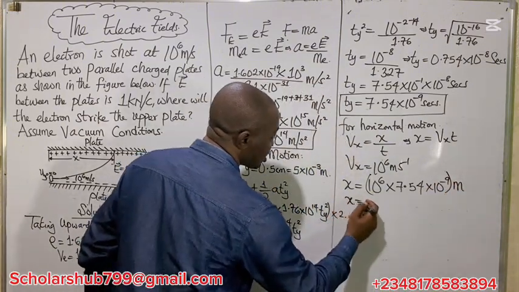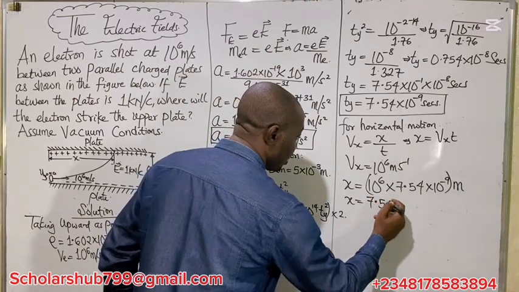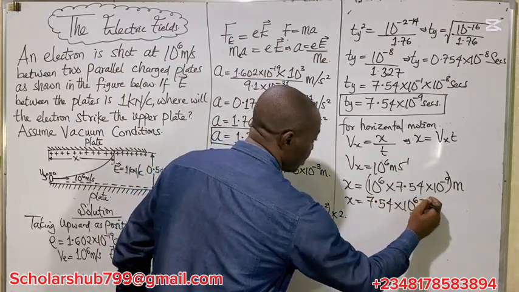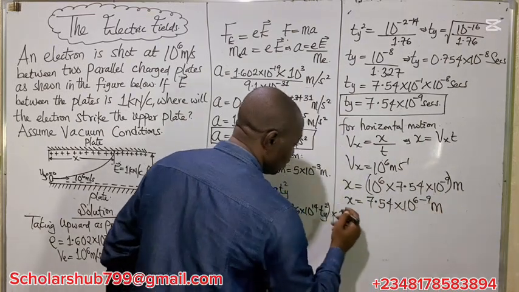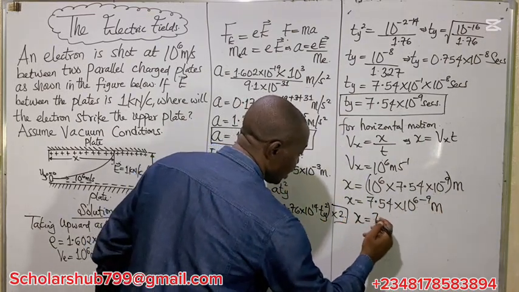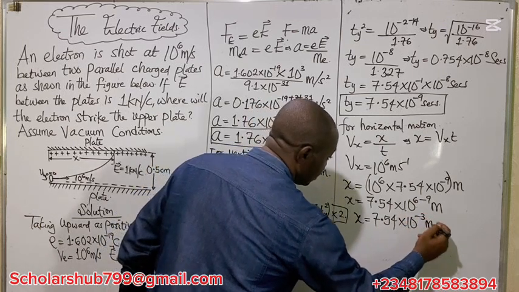Meters. So x will be equal to, when we combine, 7.54 times 10 raised to the power of 6 minus 9. The unit will be meters. So we have 7.54 times 10 raised to the power of negative 3 meters.